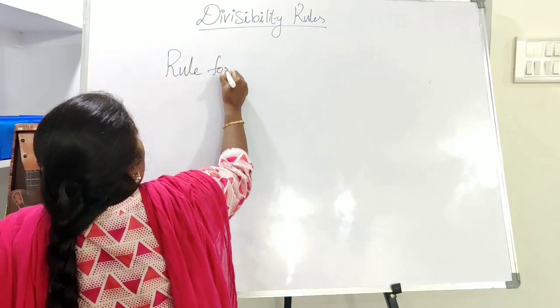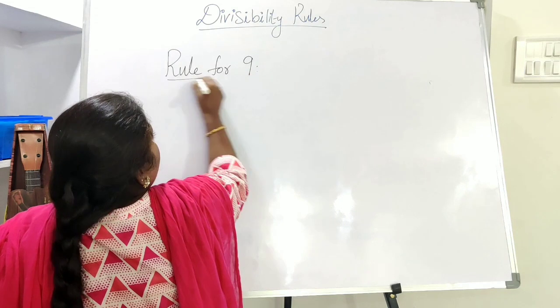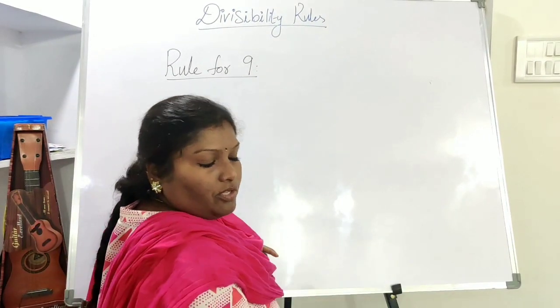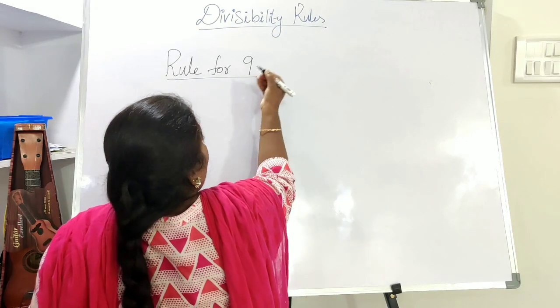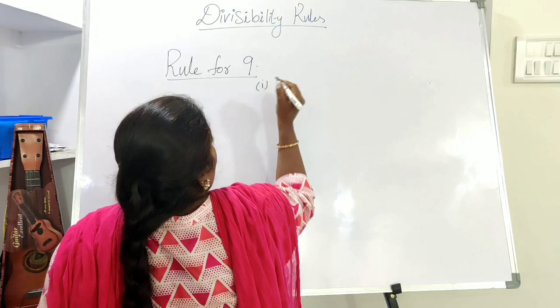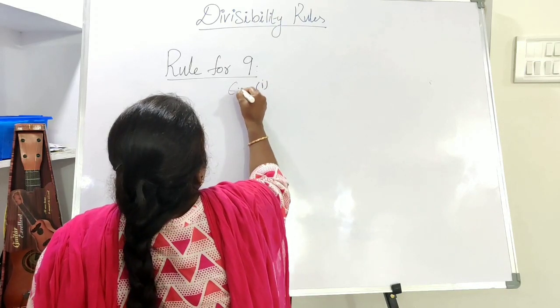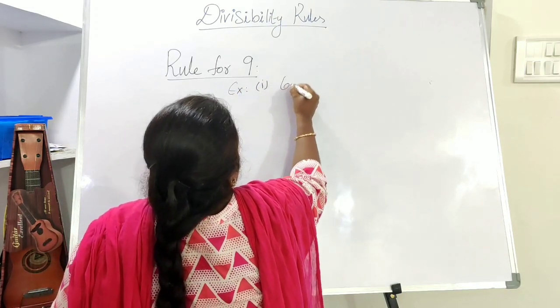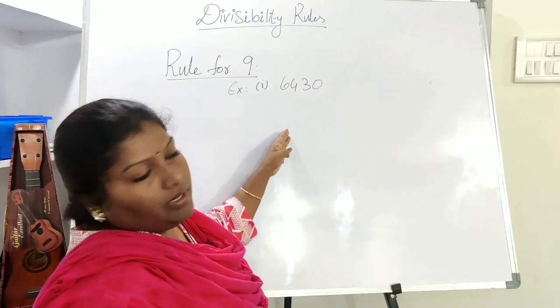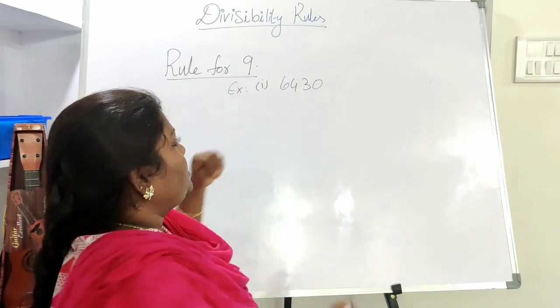Rule for 9. Now what is the divisibility rule of 9? It is the same as the divisibility rule of 3. Here you are going to find out the sum of the digits. So let's take an example. 6430. Now what you have to do? You have to take the number, find the sum of the digits and check.